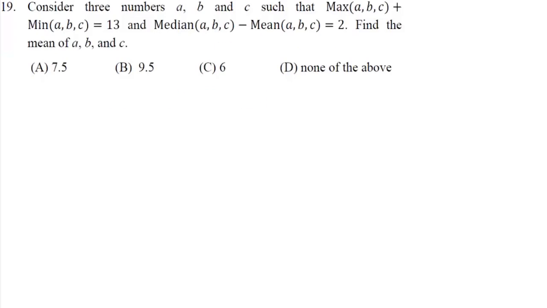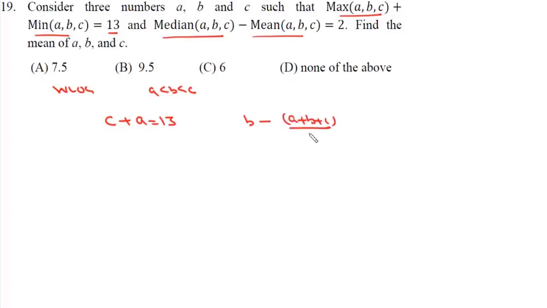Now question number 19 is, consider three numbers A, B and C such that maximum of ABC plus minimum of ABC is 13 and median of ABC minus mean of ABC is equal to 2. Then find the mean of A, B and C. Now without loss of generality, we can assume that A is less than B and it is less than C. So the maximum will be simply C and the minimum will be A, and this is 13. Median is B and mean is (A + B + C)/3, and this is equal to 2.